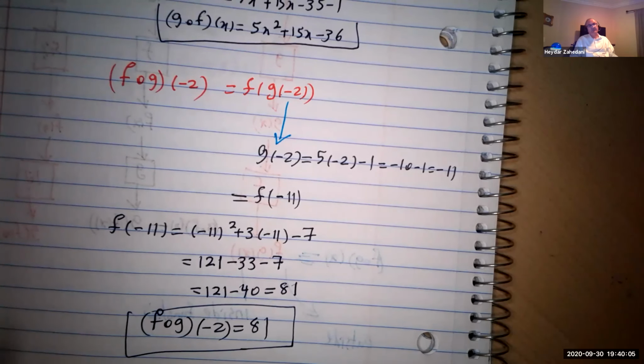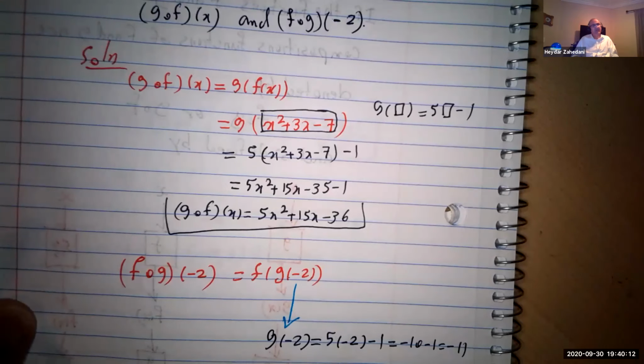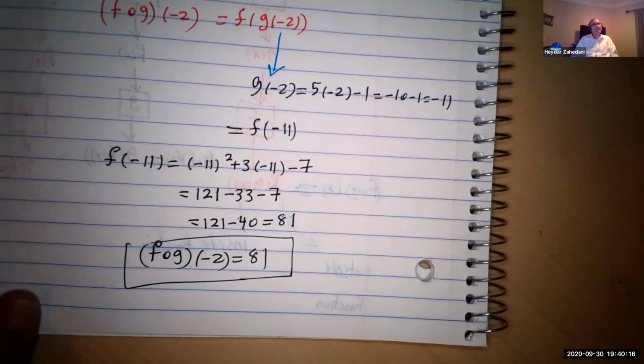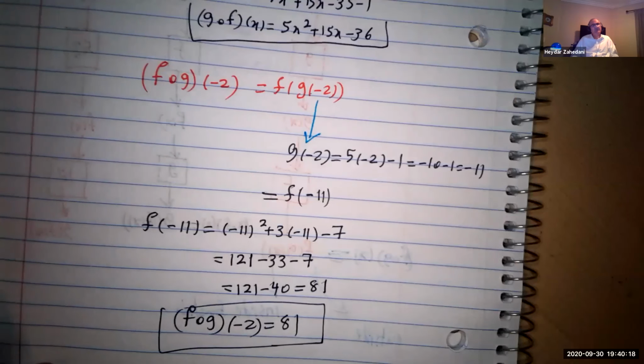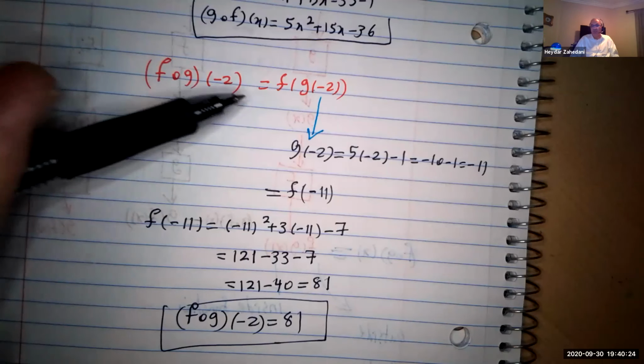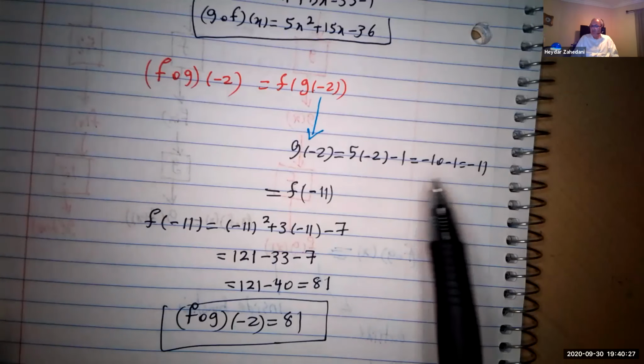So I did it in 2 different formats: the general format, where you bring the x, and the local one, just at one point. When it's one point, don't bother to find all of them. Just find the one that you have. Find g of negative 2 first. Go to the g function, substitute, nicely get it.